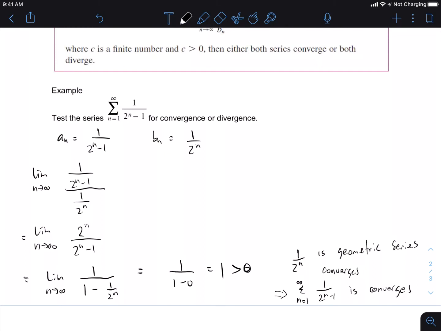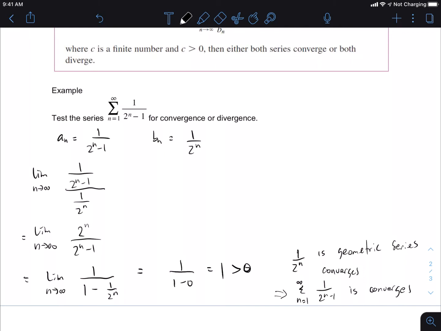So because I knew this one was geometric, I knew that it converges, right? And since it converges, and the ratio of their terms, the constant, was greater than 0, the one I'm comparing it to also had to converge. So that's going to be the trick with these problems. As you see them, you're going to have to find ways to be able to compare them. So let's see if I can give you some more examples so you guys can kind of get an idea of what's happening here.